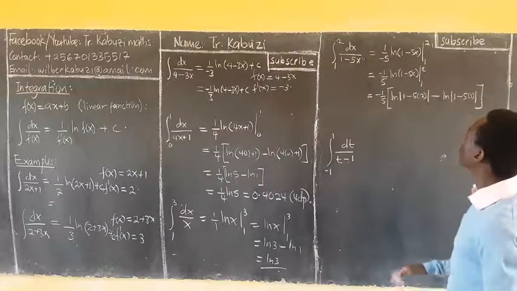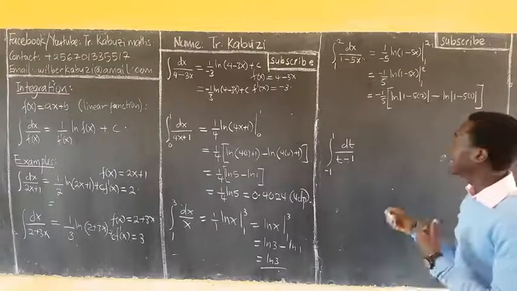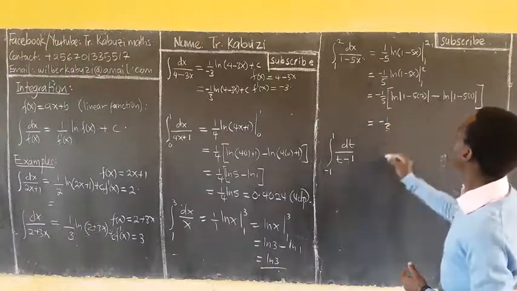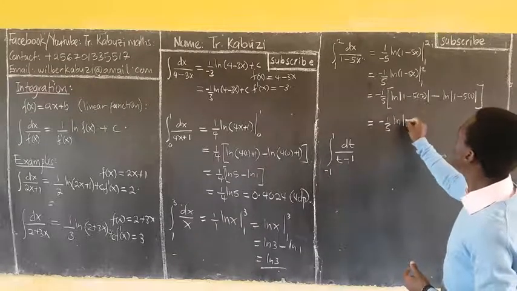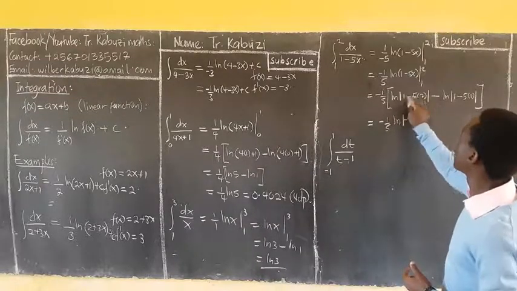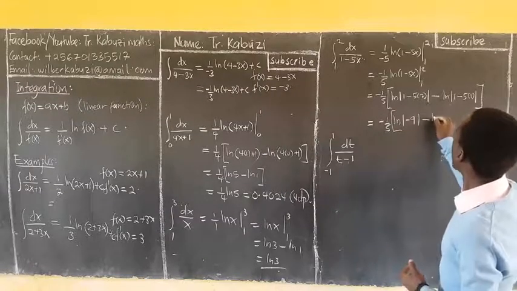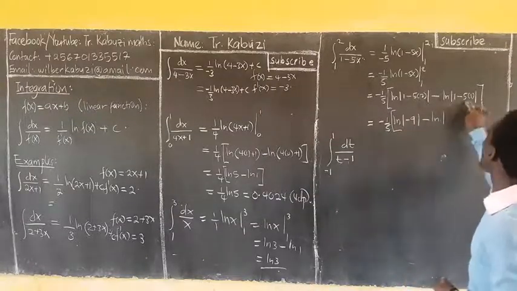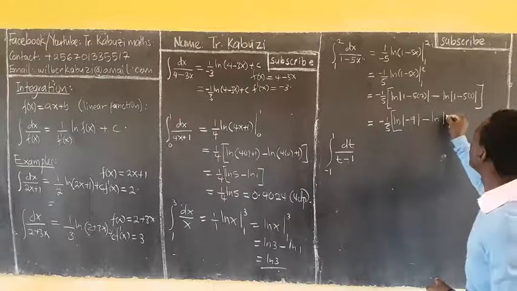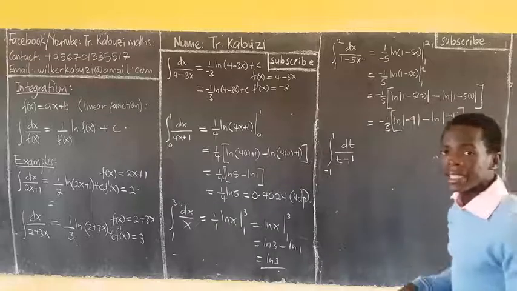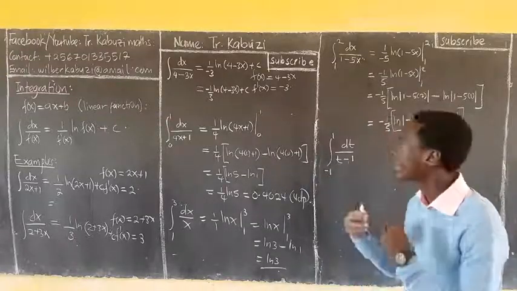We do this because the result here is going to be negative. So this will be negative 1 over 5, natural log of modulus of negative 9, because this is 10 minus 1, which is 9, minus natural log of modulus of 5 minus 1, which will be negative 4. So always when the result is going to be negative, we introduce modulus signs.